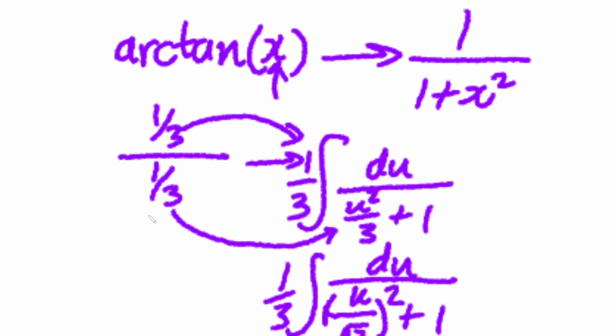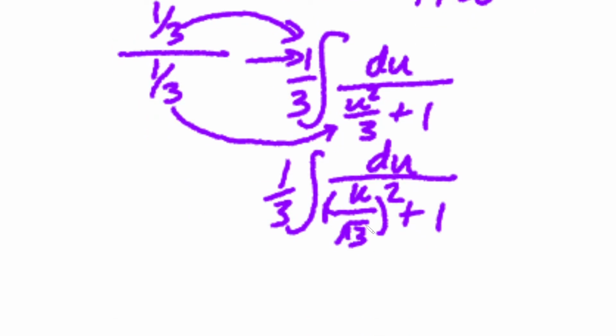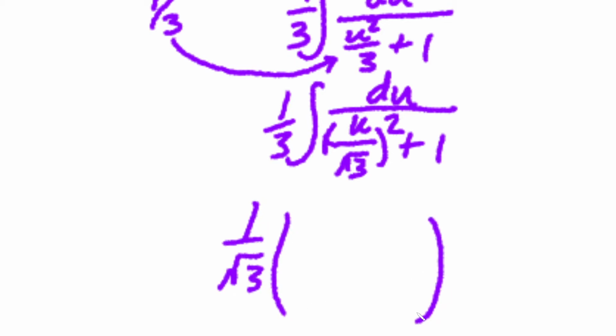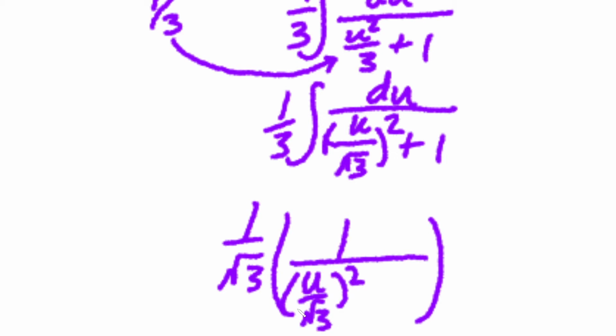And what happens if we actually take, then, u over root 3 into this arctan x and differentiate it? Well, the chain rule will suggest that we multiply by a factor of 1 over root 3, and then differentiate with respect to u over root 3, meaning that you get 1 over u over root 3 squared, taking the place of x, plus 1.